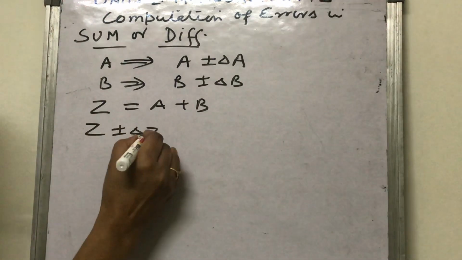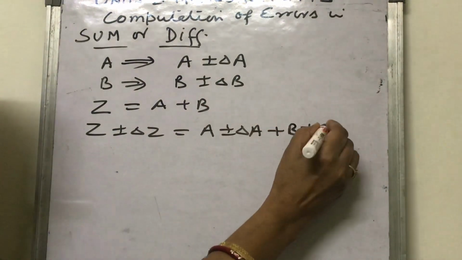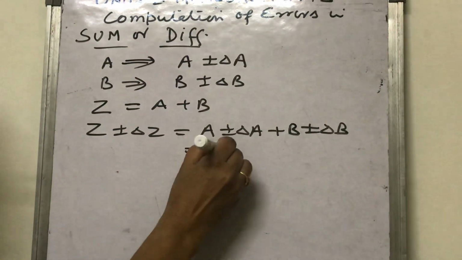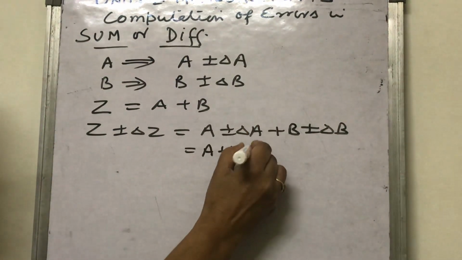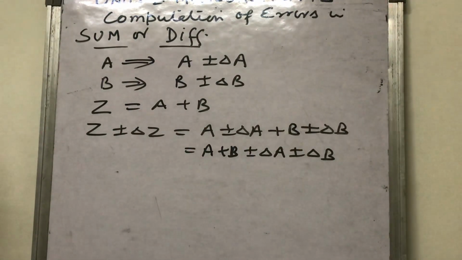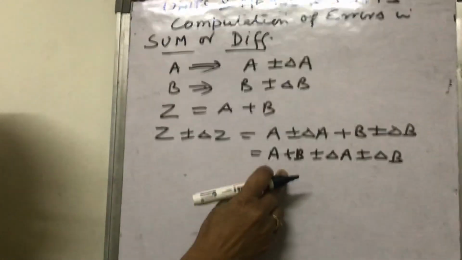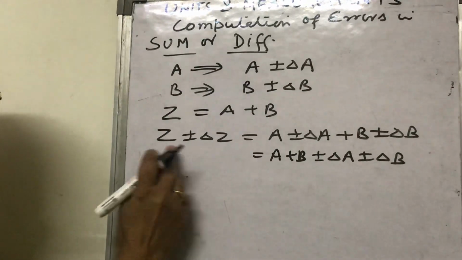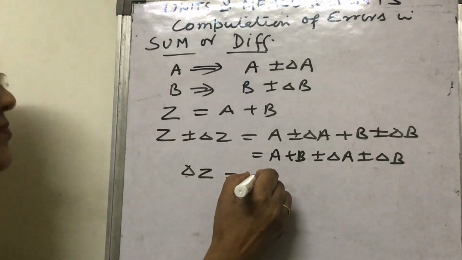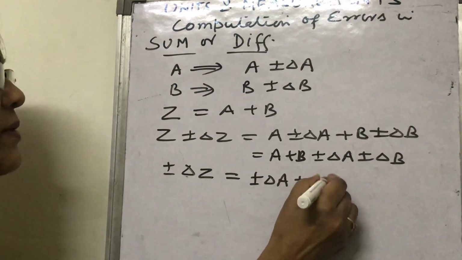Z plus minus delta Z equal to A plus minus delta A plus B plus minus delta B. Now you can write, rearranging, A plus B, plus minus delta A plus minus delta B. If the sum is Z equal to A plus B, this will be eliminated. What is left here is delta Z equal to plus minus delta A plus minus delta B.